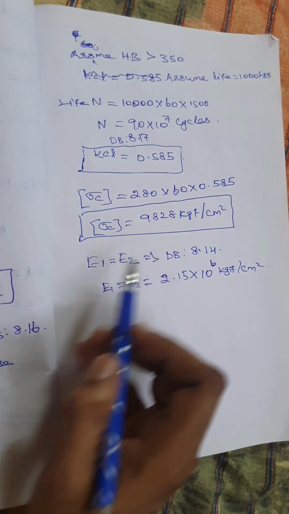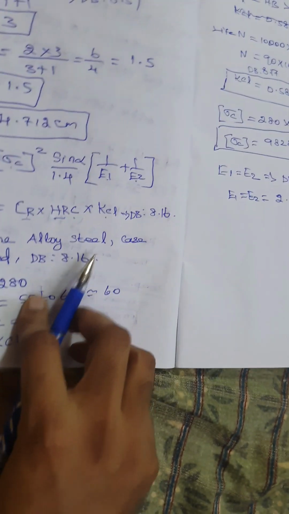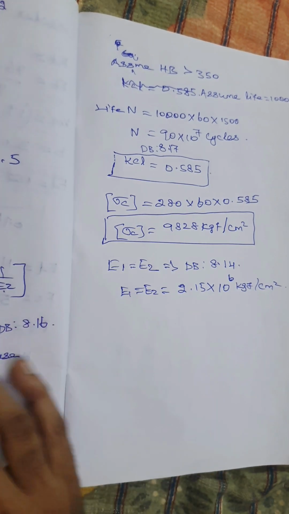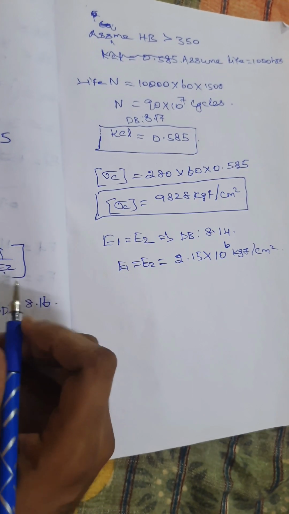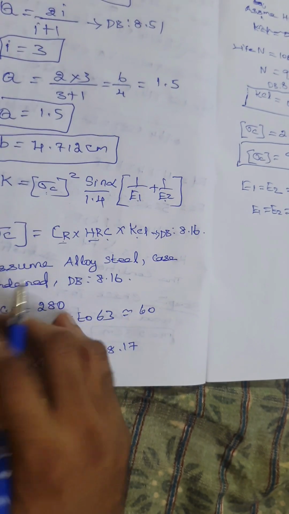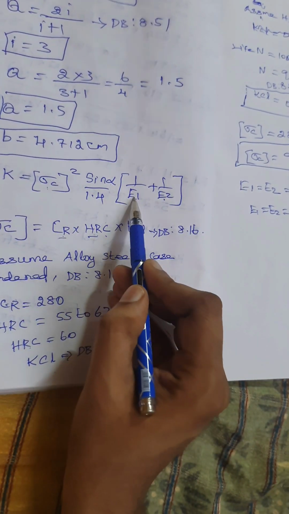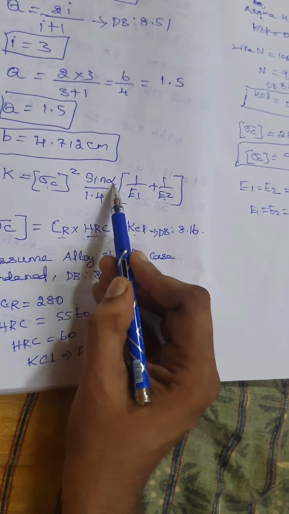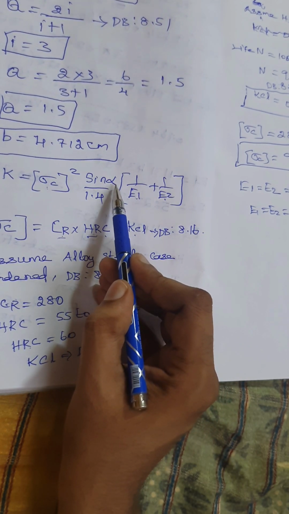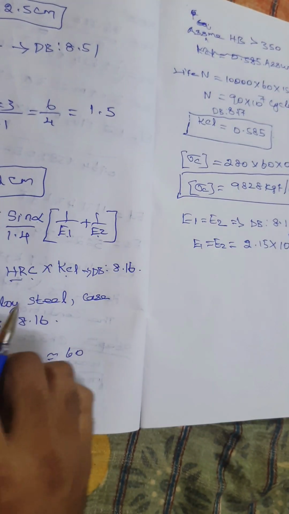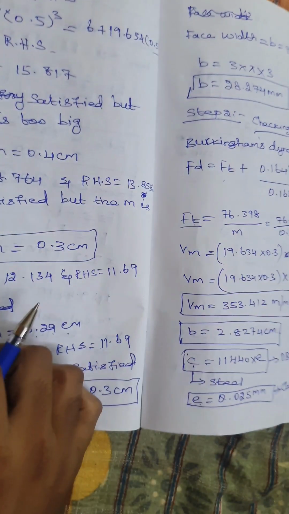Now we can easily calculate the value of K. Here we already have the equation to calculate K. We have to put in the values of sigma c, E1, E2 and alpha. Alpha is nothing but the pressure angle which is given in the question. Just wait, I will show you that value.